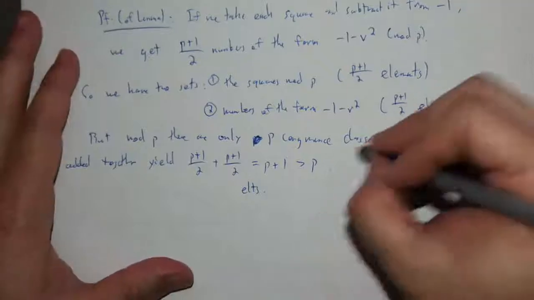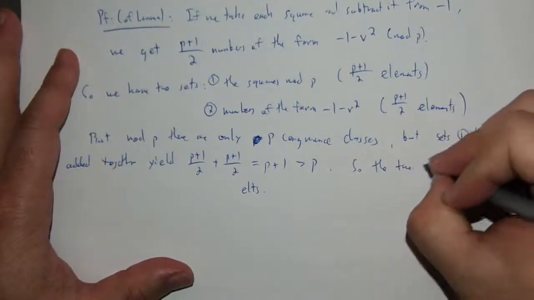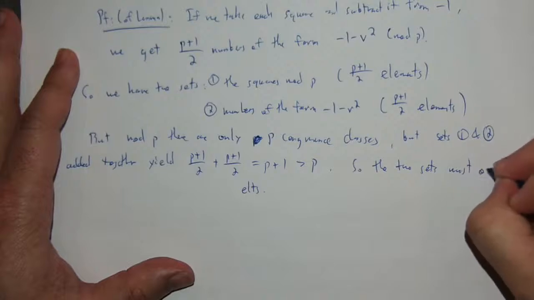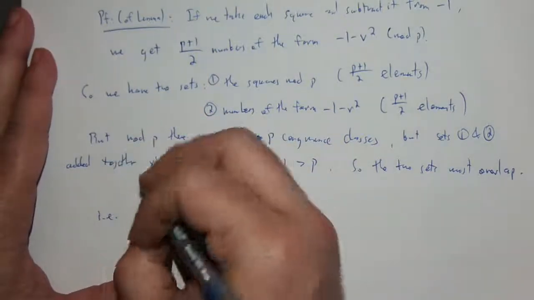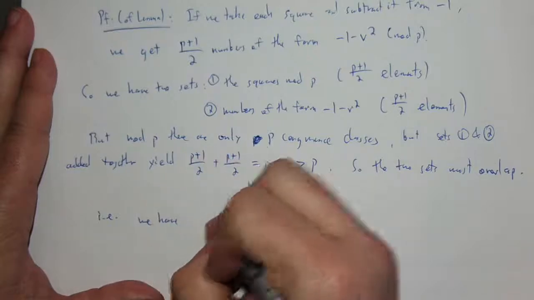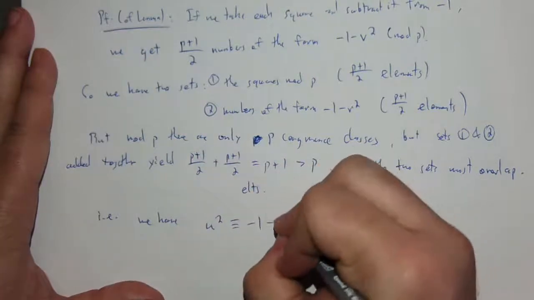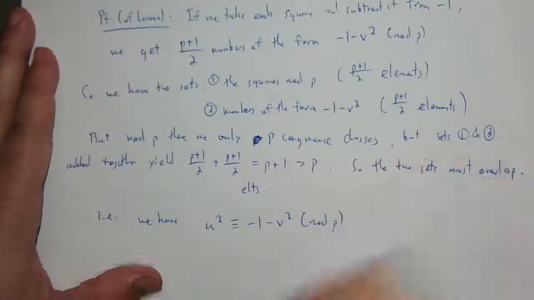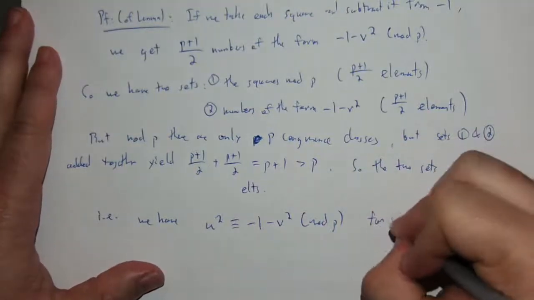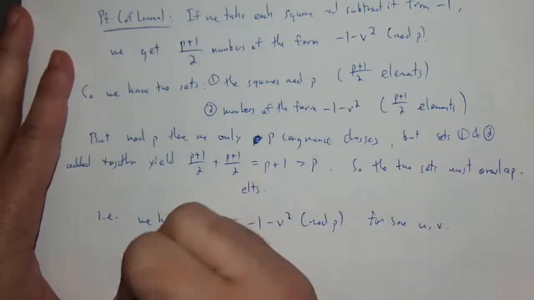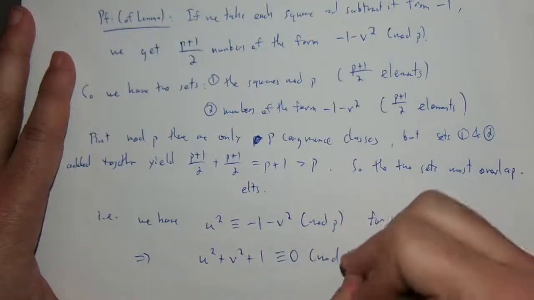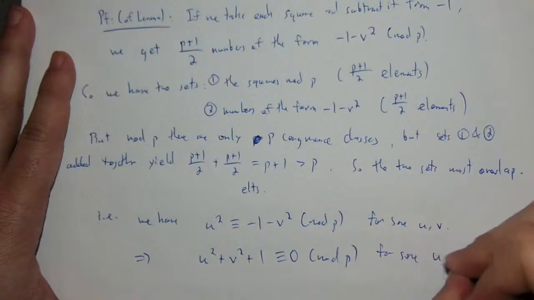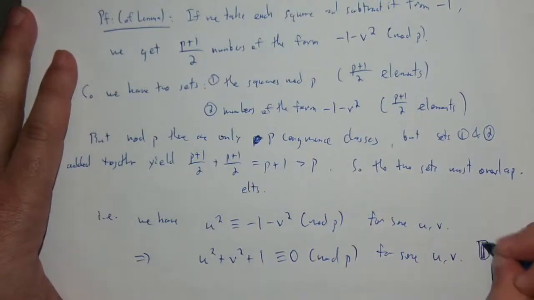So the two sets must overlap. That is, u squared is congruent to minus 1 minus v squared mod p for some u and v, i.e. u squared plus v squared plus 1 is congruent to 0 mod p for some u and v, which is exactly what I wanted to show.